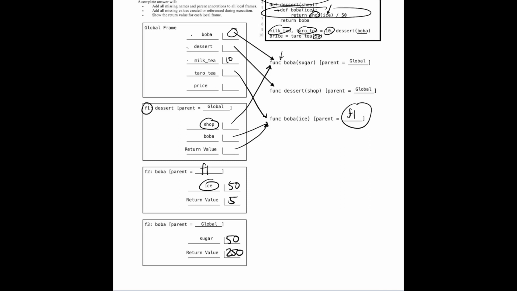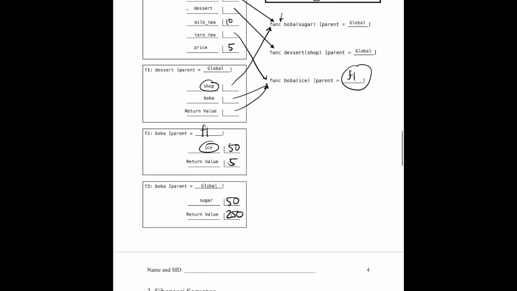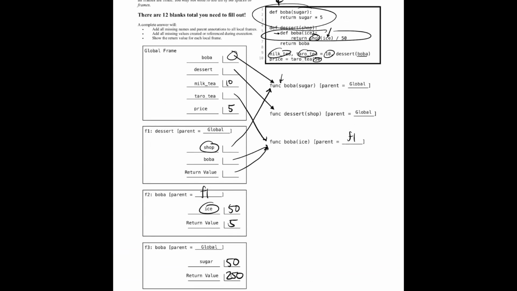And whatever f2 returns is going to be returned to price, but I didn't draw the arrow earlier. But this will be just assigned to 5. Cool. And do please erase the arrow so it's easier for us to grade in the future. But yep, this is how this environment diagram should look.